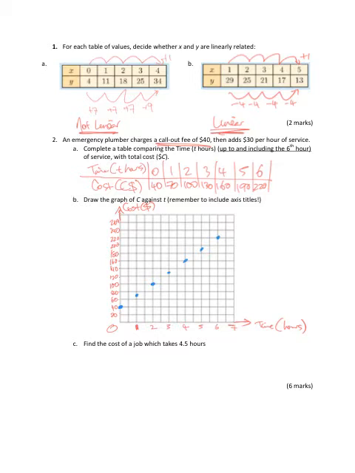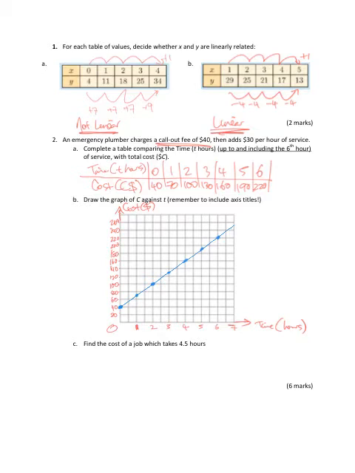I'm just going to draw a line straight through here with no ruler and the slippery screen. So obviously in the test you're going to be expected to draw it for real, okay, but that's going to kind of have to do for this. So that's the graph. Find the cost of a job which takes 4.5 hours.